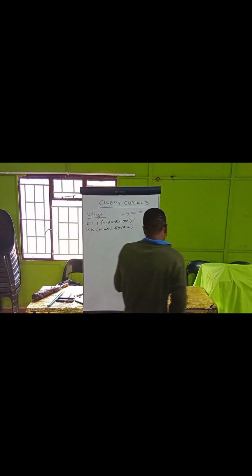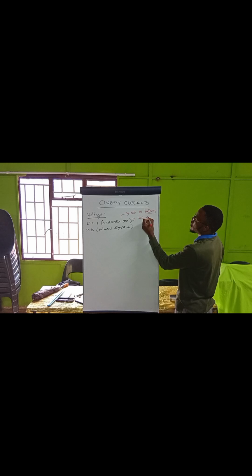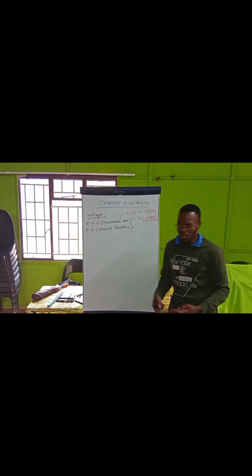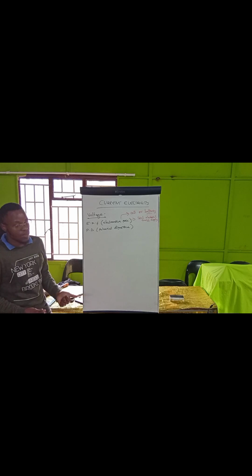So, an electromotive force, this is the total electrical energy supply from a specific source. So there are different sources of voltage. The cell is an example of a source of voltage.